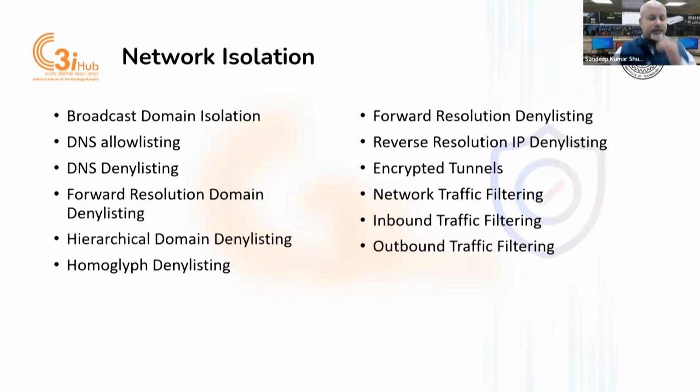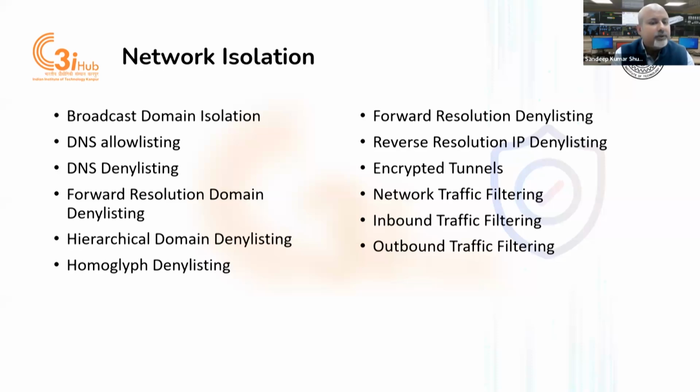And network isolation is, similarly, about domain isolation. For example, you have VLANs, which give broadcast domain isolation. Certain DNSs are allowed and you can filter the DNSs. You can deny certain DNSs, though allow listing is better than deny listing for obvious reasons.